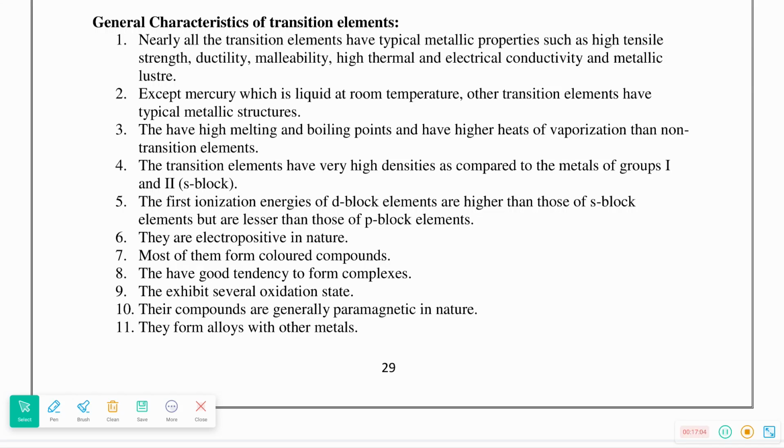Then most of them form colored compounds. Why do they form colored compounds? Due to the presence of unpaired electrons, colored compounds arise due to d-d transition. Due to the presence of unpaired electrons, they absorb energy from visible light and radiate energy.